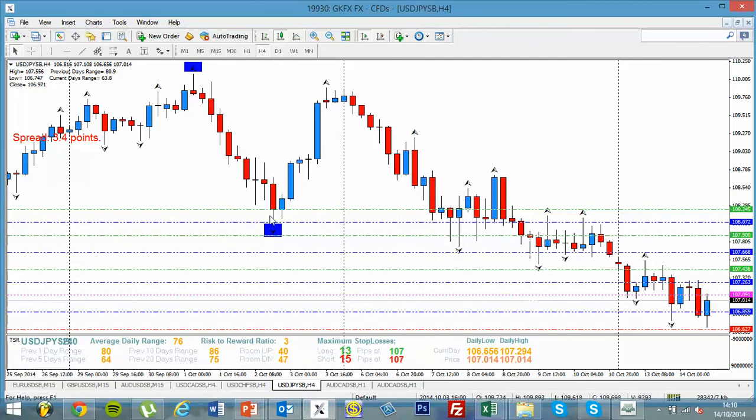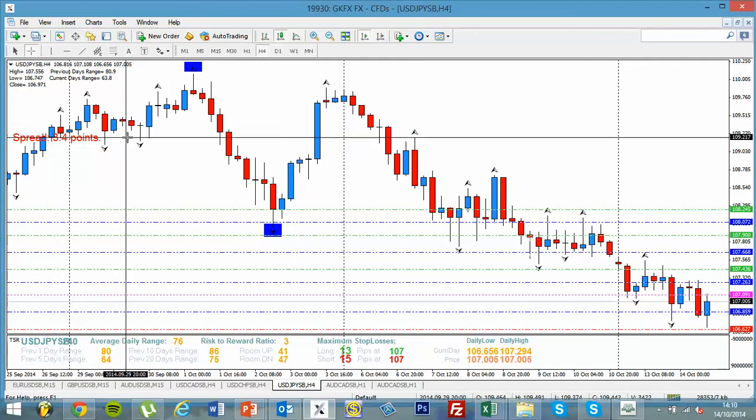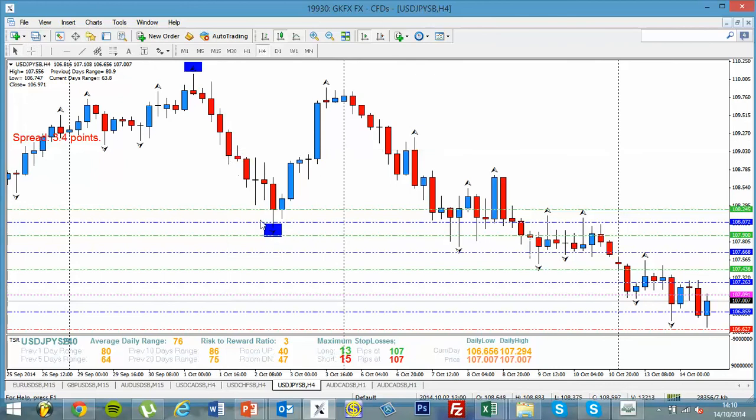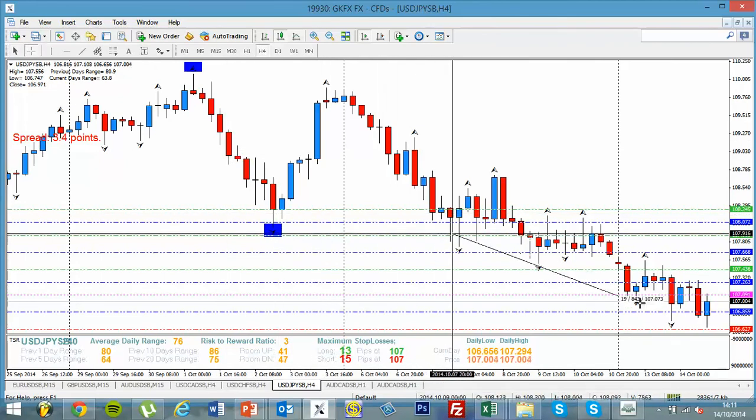Now the significance of these: when a fractal is broken in either direction, that generally indicates a commitment to price. So as you can see, this fractal here, price moves below, continues to rally. Okay, this fractal here broken, price continues to rally down.